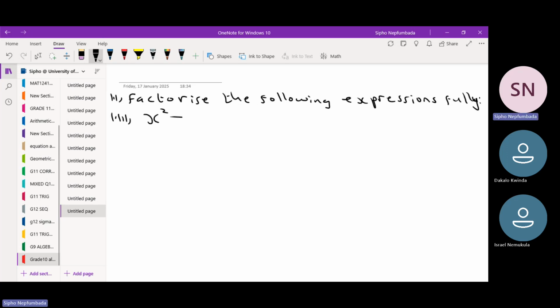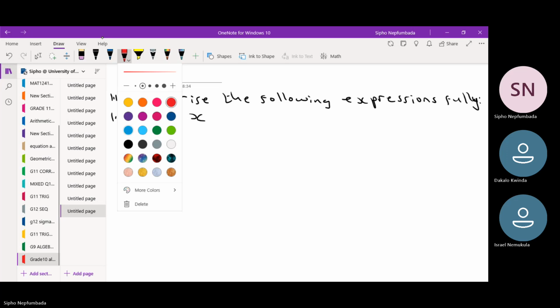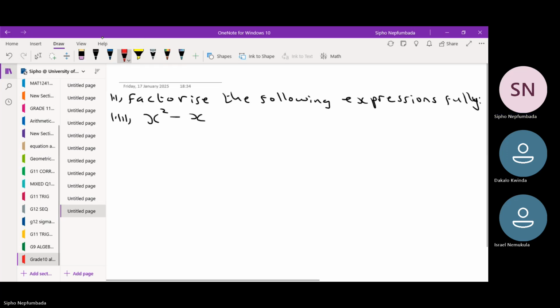X to the power of 2 minus x. So how do we factorize this? How do we factorize this?